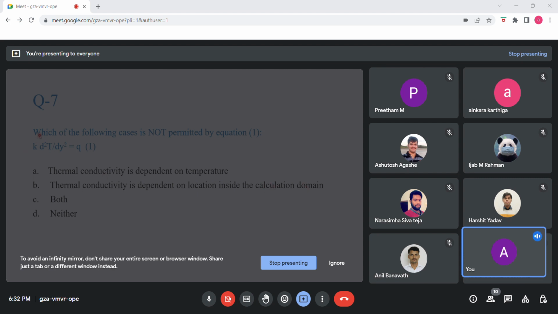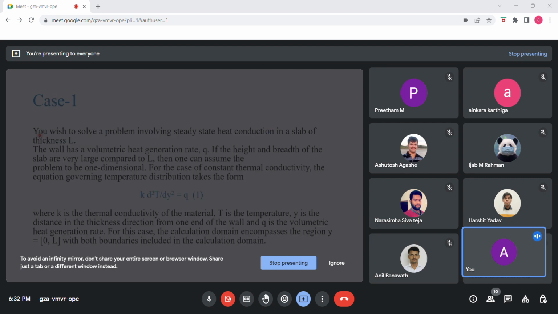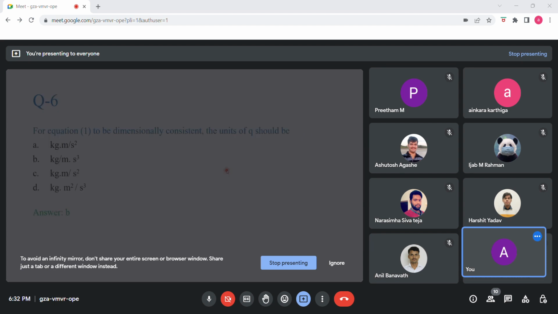In the problem statement itself, it is clearly mentioned that for the case of constant thermal conductivity, K is constant. So it is not dependent on temperature, and not dependent on location inside the calculation domain. Option C is both, option D is neither. Option C is the correct answer. That is, both of the statements are not permitted by this equation 1.